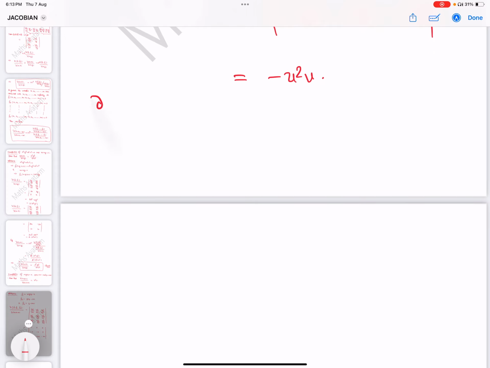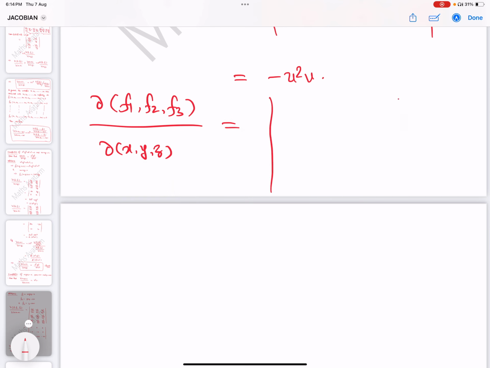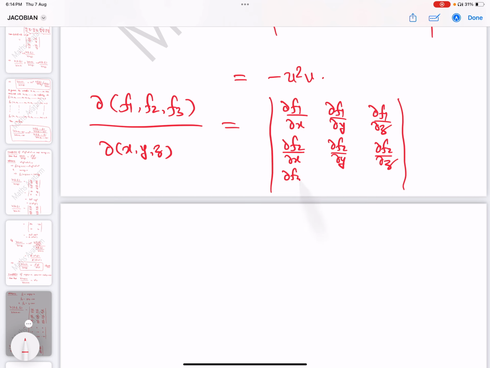Now del (f1, f2, f3) with respect to (x, y, z). Okay, so what is this?